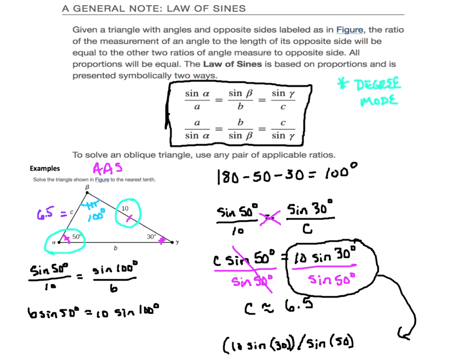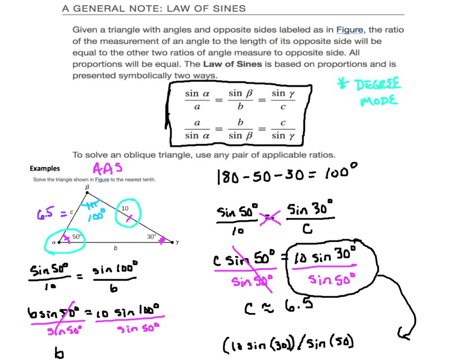Divide both sides by the sine of 50 degrees, and that expression on the right-hand side is what you put into your calculator.